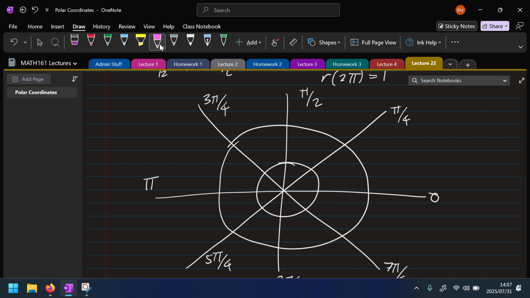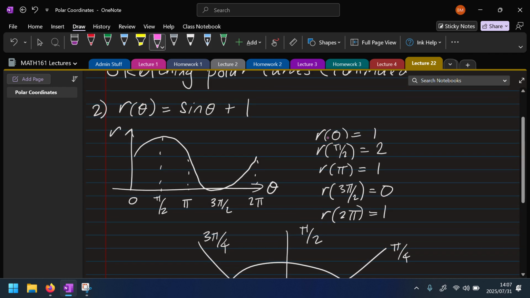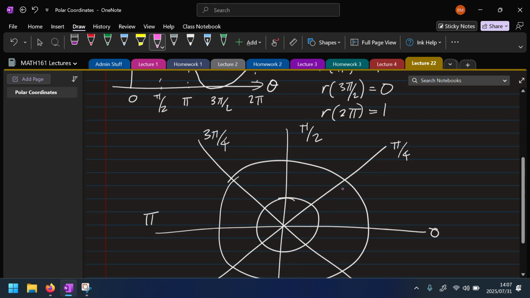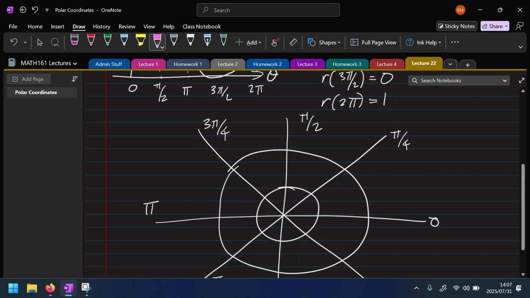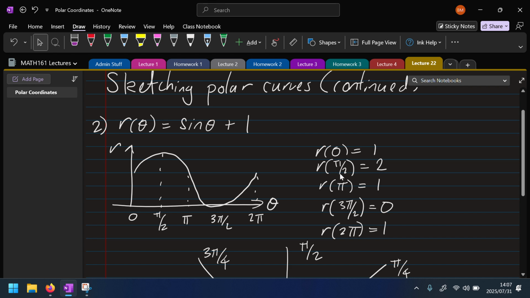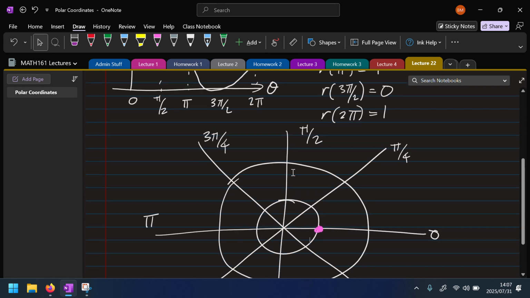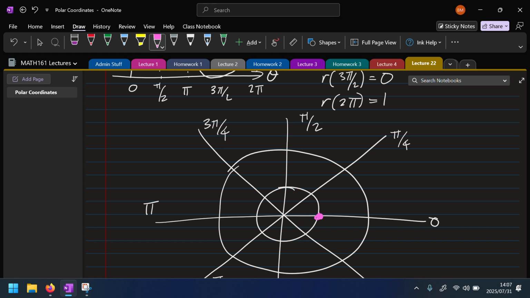Okay, let's put in our dots. At the beginning, when the angle is 0, the radius is 1. So angle 0, radius 1, we're going to be over there. That's our first dot. Next dot, at pi over 2, the radius will be 2. Pi over 2 is the vertical, and radius 2 means we're on the second circle, so we're going to be over there.